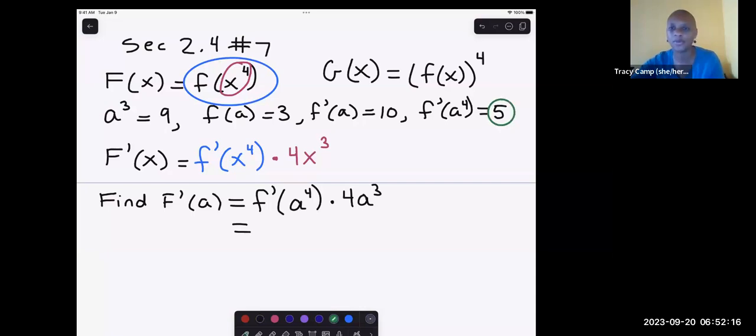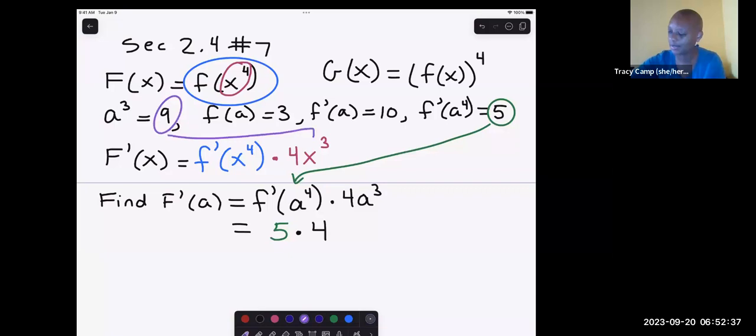We're told that f prime of a to the 4th is equal to 5, so we can replace all this with a 5, times, I'm bringing my 4 down. And we're told that a cubed is 9, so we replace the a cubed with a 9. So this is 5 times 4 times 9, which is 180. And we're done.